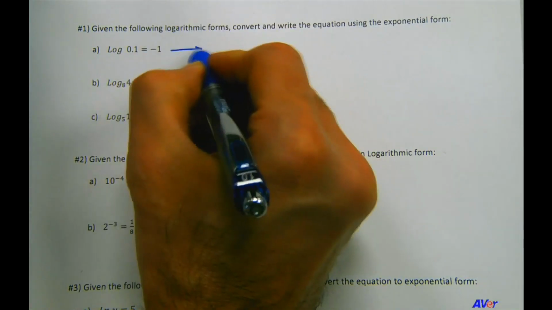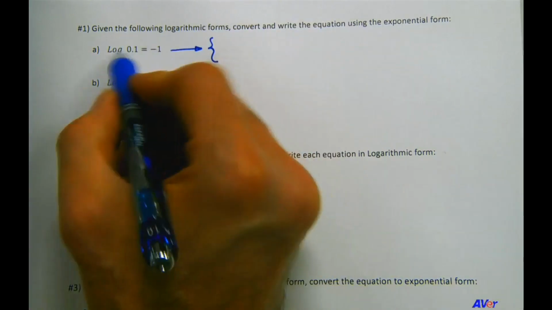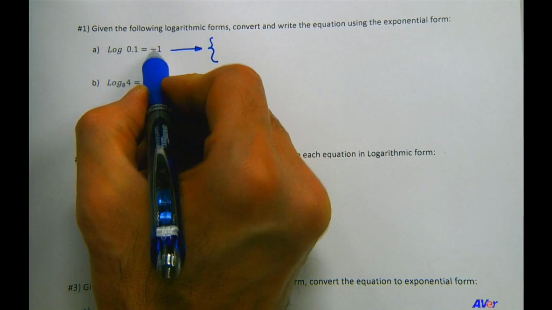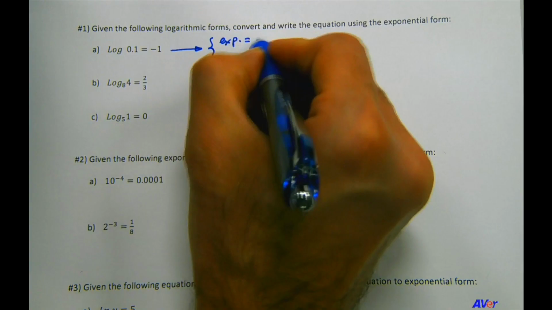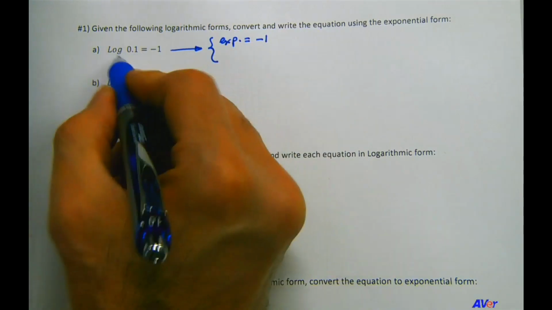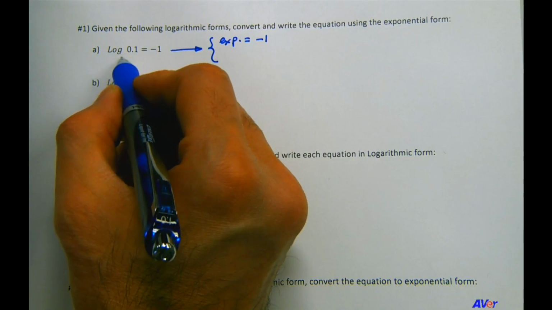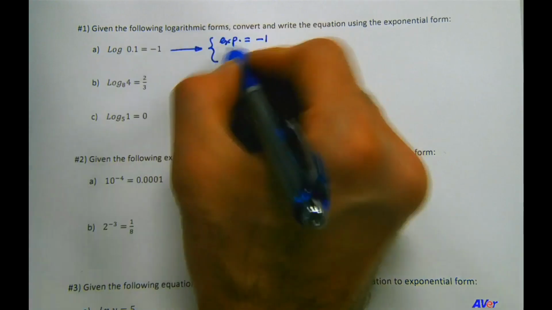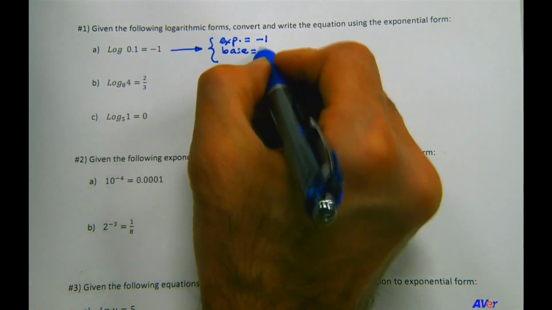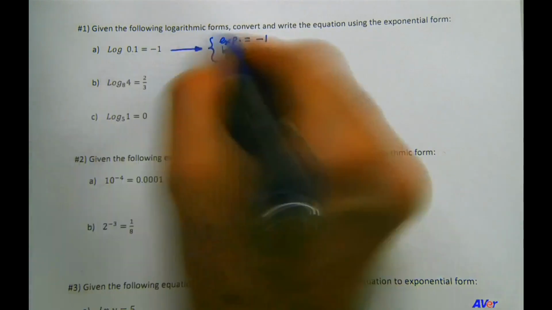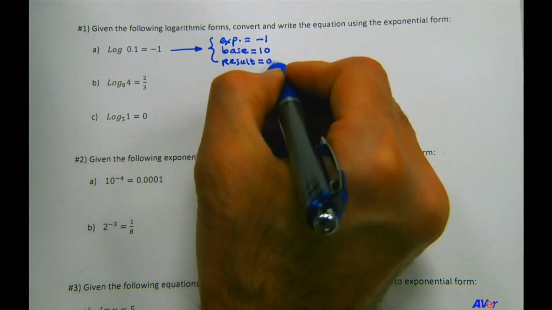Okay, so we already said in the front page of this worksheet that log functions generate an exponent. So that -1 is an exponent. Let's write it, -1. We said that if the base of the log function is left blank, that means it is 10. So the base is 10, and the result is 0.1.